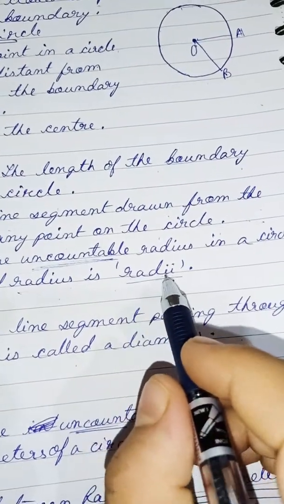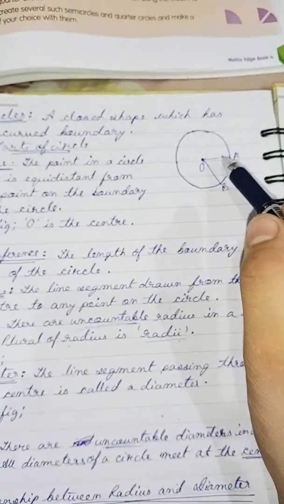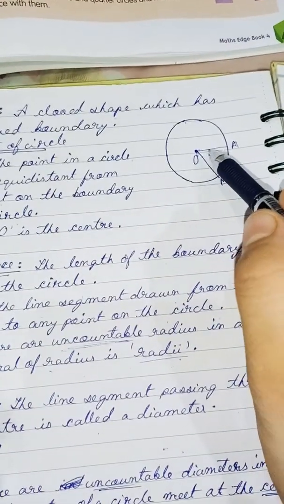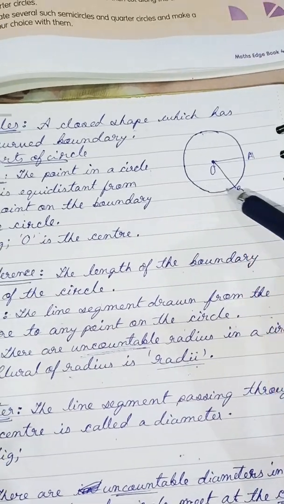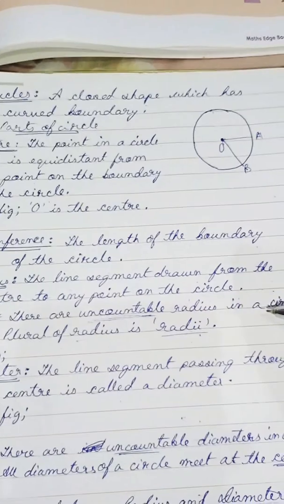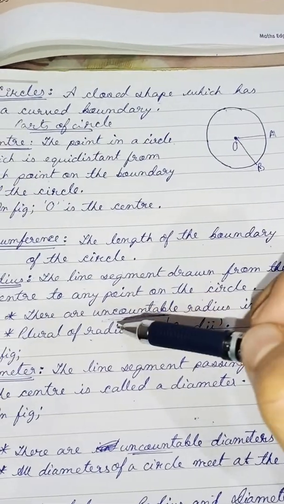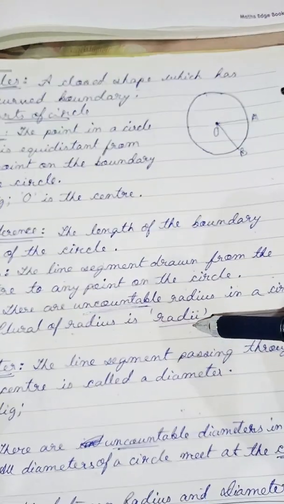Okay, that is how you pronounce radii. So remember again, radius means the line segment drawn from the center to any point on the circle. Now because there are infinite points, there will be infinite radius also. So there are uncountable radius in a circle, and if the radius is more than one, then in plural form we call it radii.